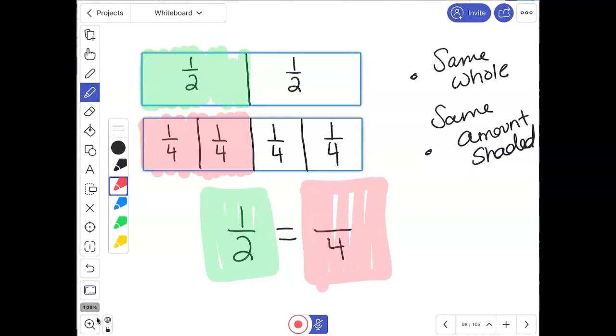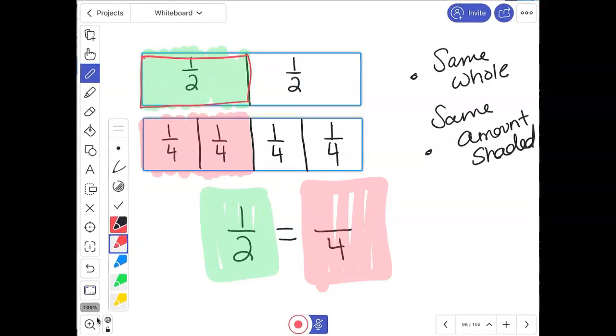So I can say that 1/2, this one piece right here, is the same thing as these two pieces right here. So 1/2 is the same thing as 2/4 because I've got 1/4 plus another 1/4 is 2/4. Do you see how it's the same rectangle to begin with, just cut up differently, but the same amount is shaded in both of them?